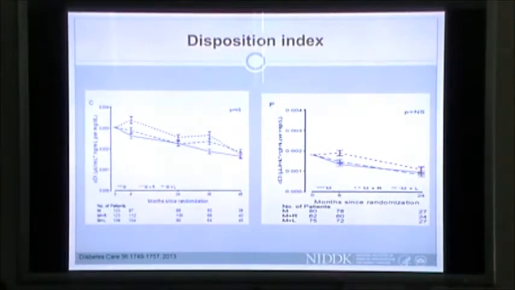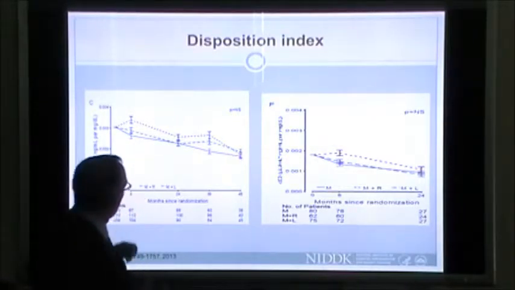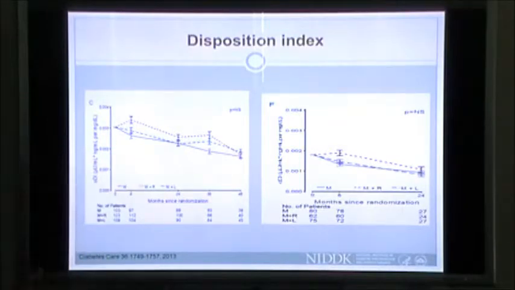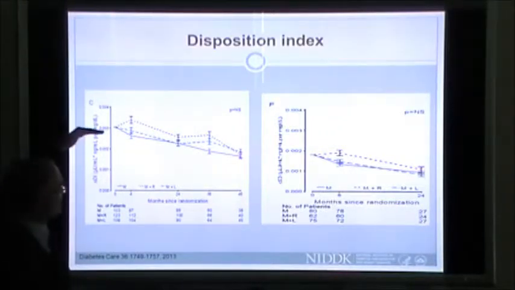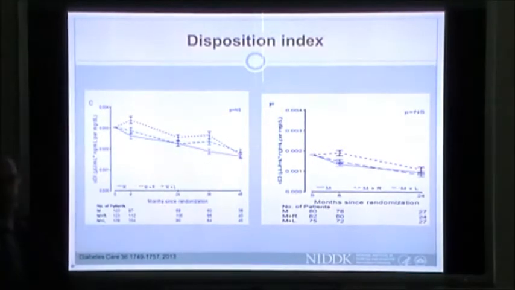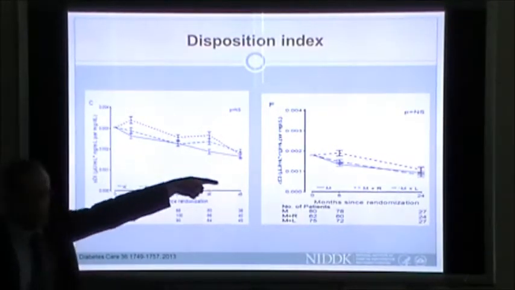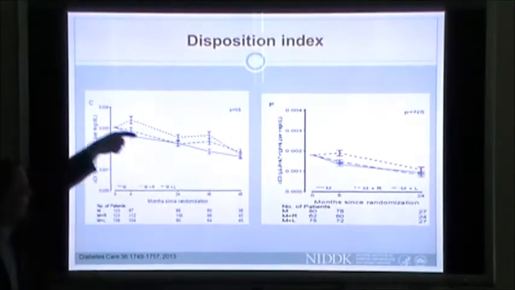Now, why did we see loss of control in these kids? This again is Disposition index. I told you that Disposition index is a way of looking at insulin secretion corrected for sensitivity. And what we see is that there is a steady decrease in the Disposition index in the kids on metformin over time, despite treatment.